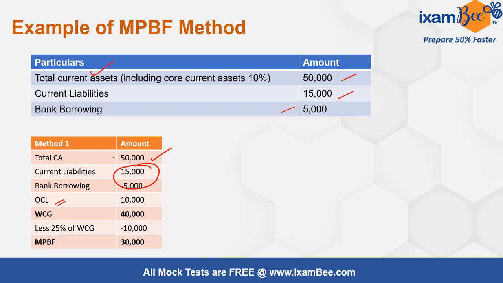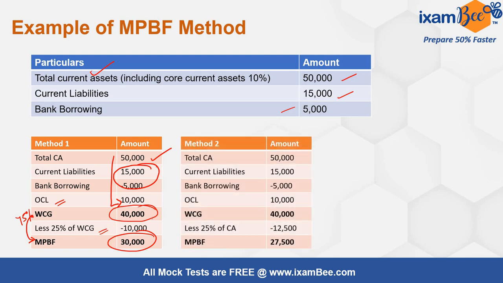So basically you are reducing from here the other current liabilities, which gives you the working capital gap as 40%. Now reducing 25% of working capital gap, you get the maximum permissible banking finance of 30,000. So as I suggested before, you could either take 75% of this to directly arrive at this answer, or reduce 25% to come at the maximum permissible banking finance.